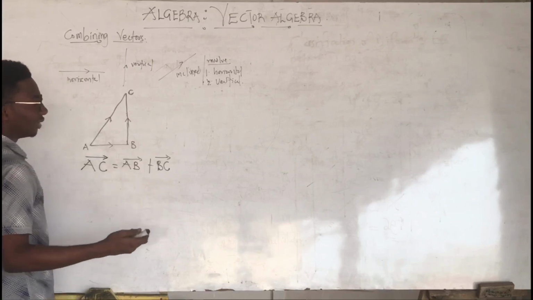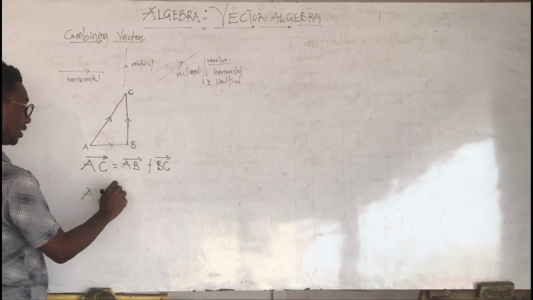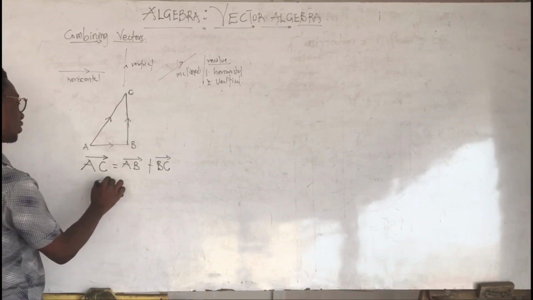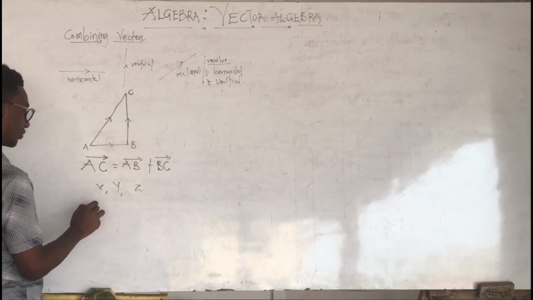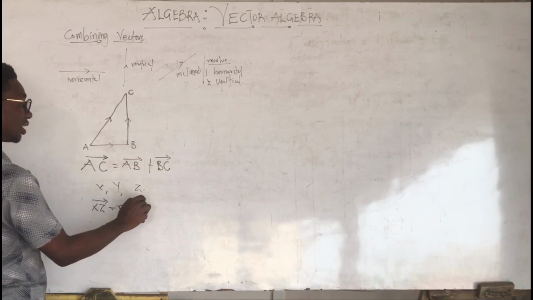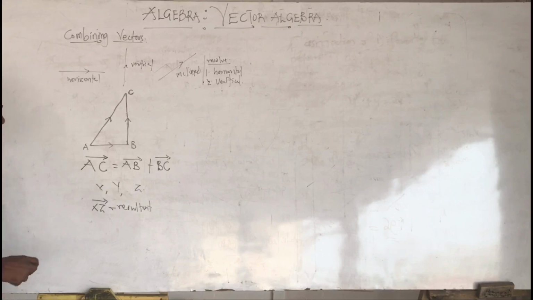As I said, anytime you are given a vector, let me just use other variables. You are given X, Y, and Z, and they say XZ is the resultant vector. So generate the combining vectors.